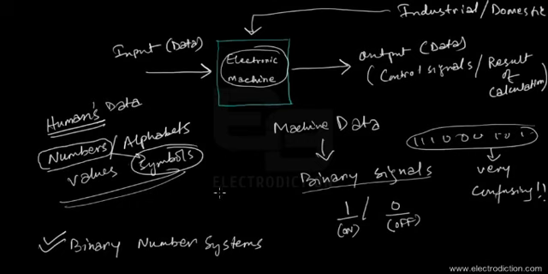Due to this problem, we included in digital electronics a part that we call digital number systems, or more generally, digital data.